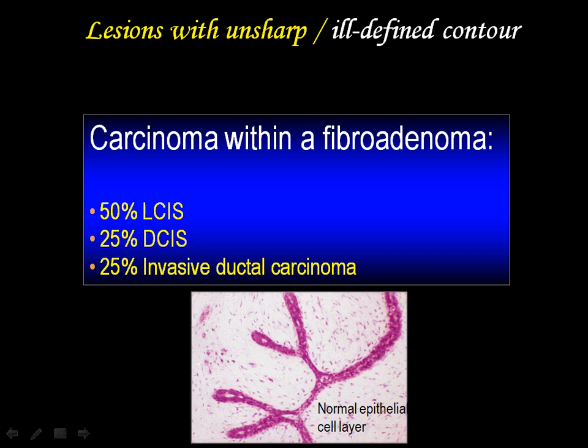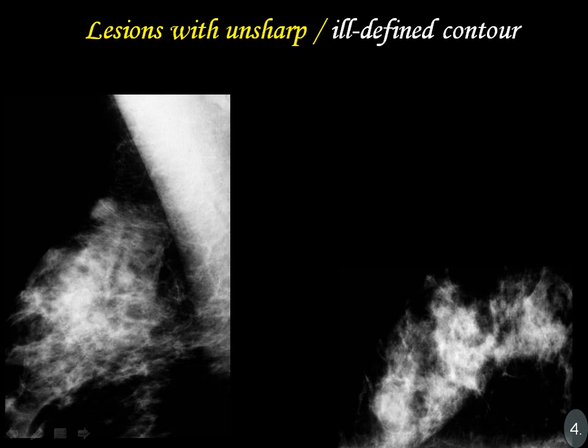And also, when it happens, then in 50% of the cases, we are talking about lobular carcinoma in situ, which we radiologists cannot see. It may happen that it's in situ carcinoma, most of the times low-grade in situ carcinoma. Or it may happen that we are seeing a stellate lesion associated with growing out of a fibroadenoma.